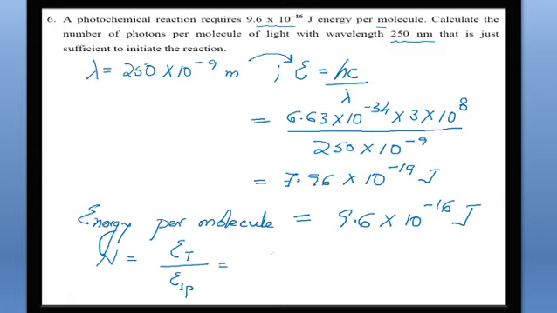So the total energy is 9.6 into 10 to the power minus 16, upon 7.96 into 10 to the power minus 19.